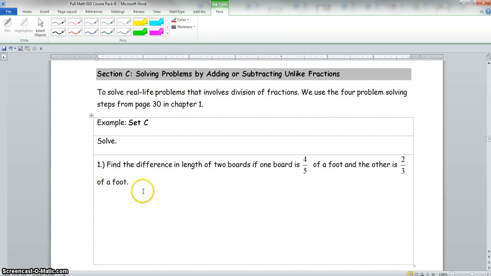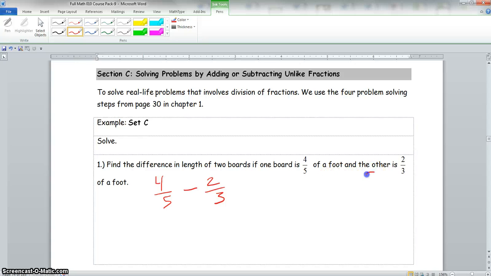Now, we want to find the difference. Difference means subtraction, correct? So we would take 4/5 minus 2/3.